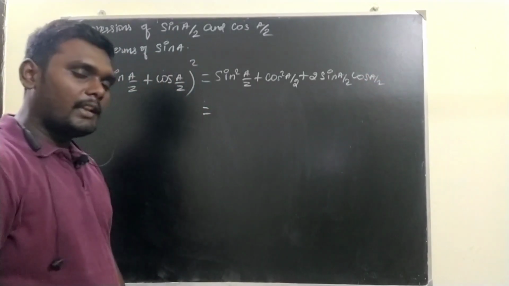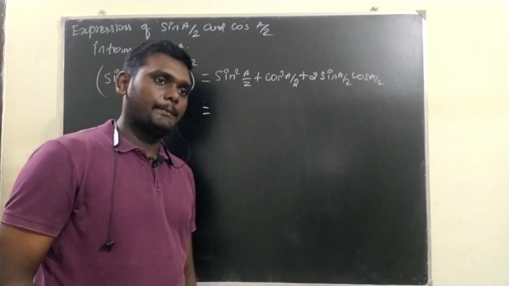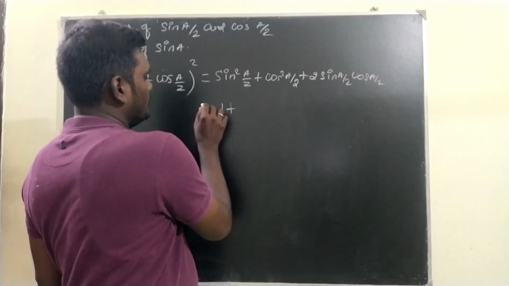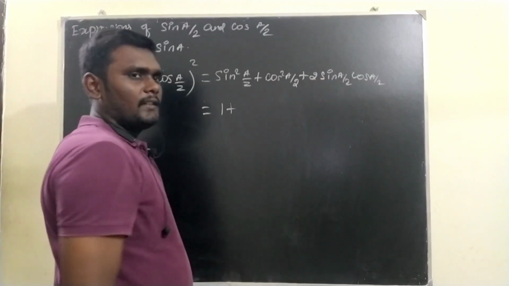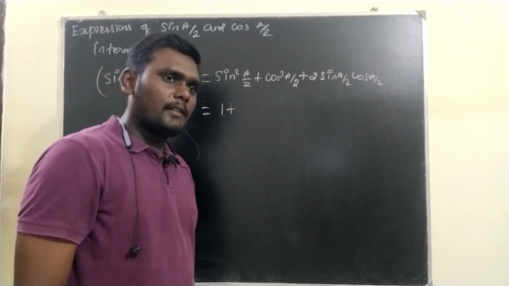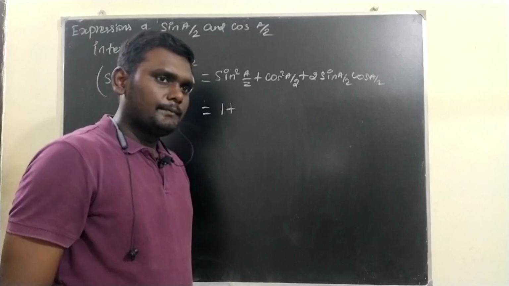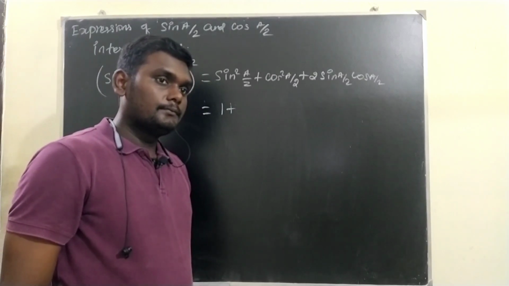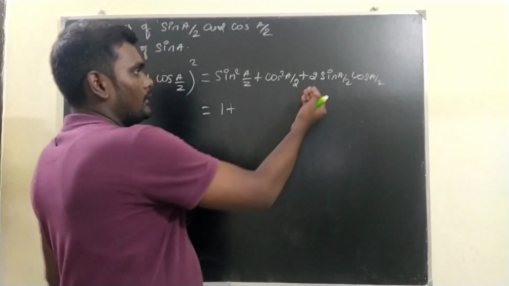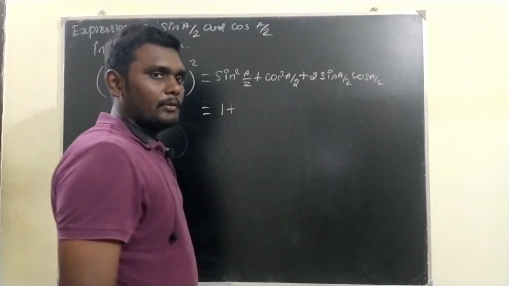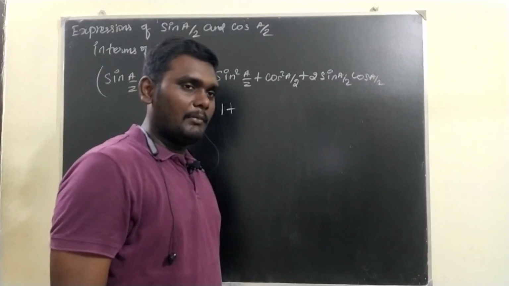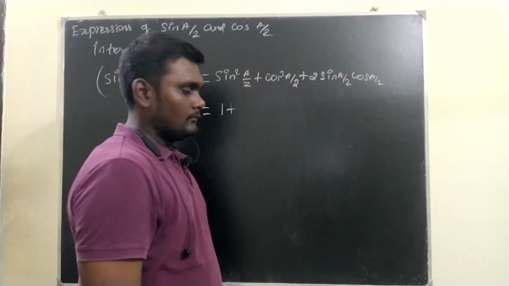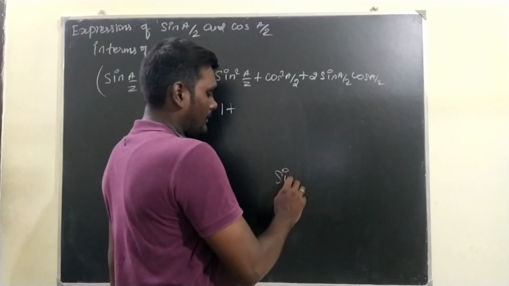What is the value of sin square A by 2 plus cos square A by 2? It is 1, since sin square theta plus cos square theta is 1. Then 2 sin A by 2 cos A by 2, submultiple angle formula, remember? What is the sin 2 theta formula?